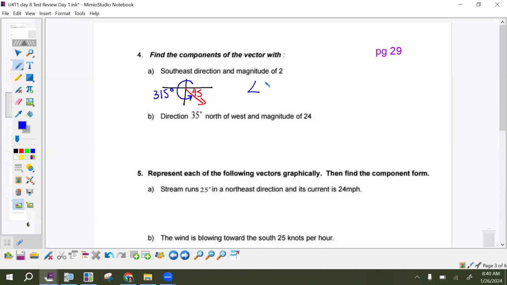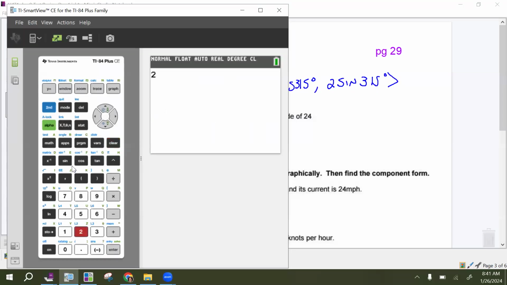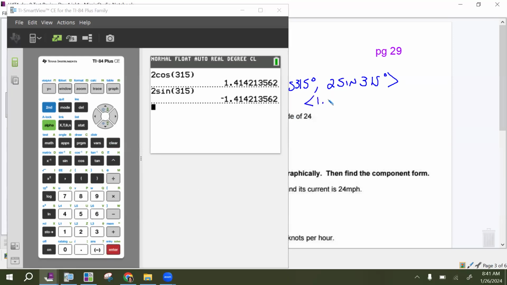And our components will be magnitude cosine the angle, magnitude sine of the angle. -1.414, -1.414.